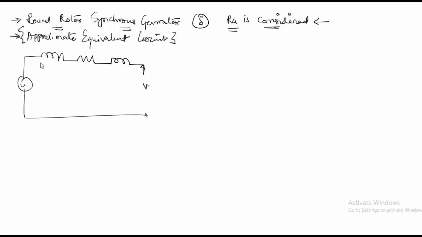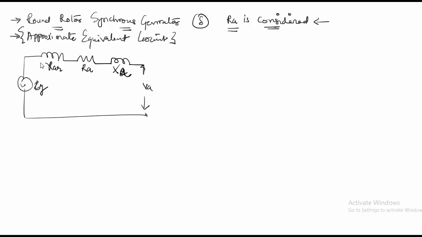So if this is my VA voltage per phase which is available at the terminals, and this is my RA, and this is my XS, and this is my EG.